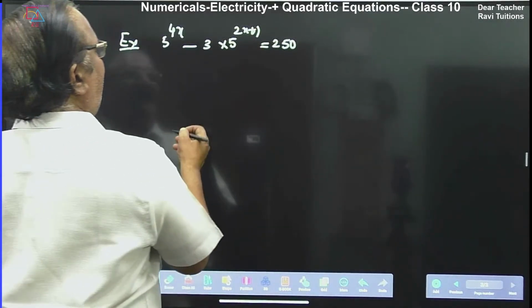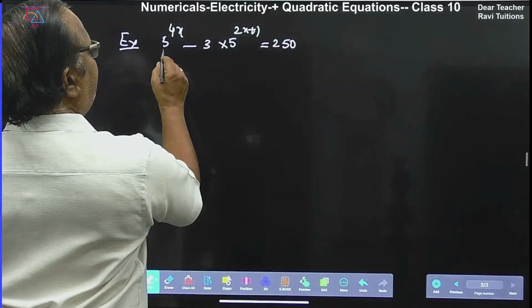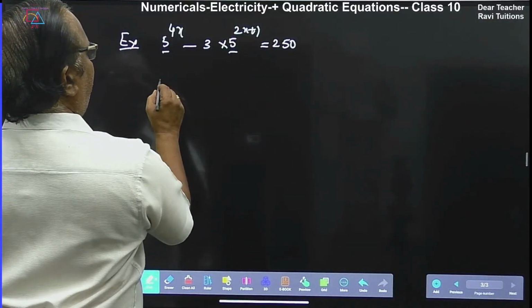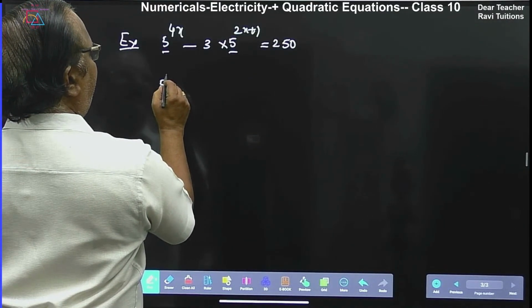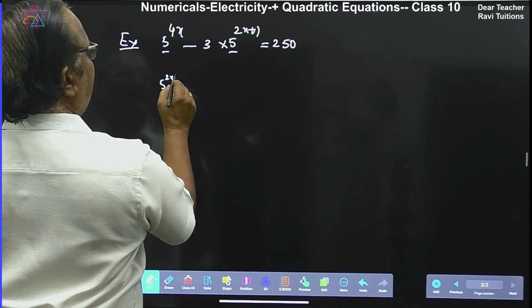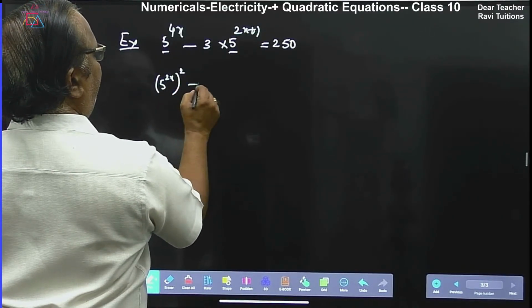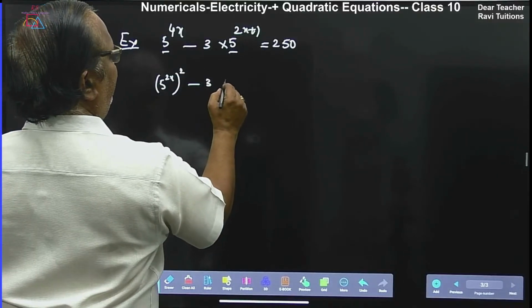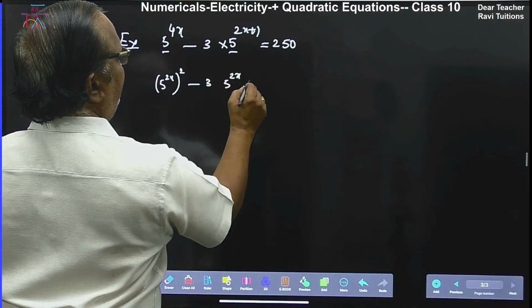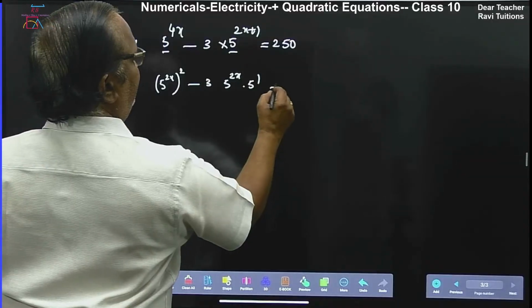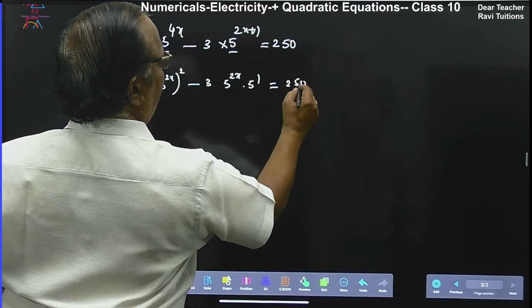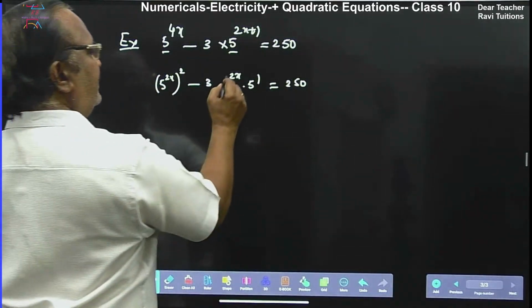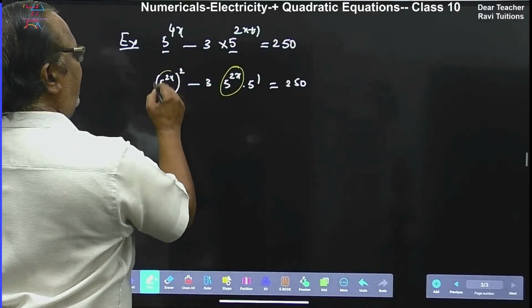So now here we have base 5. We keep it as it is: 5 to the power of 2x whole squared, and 3 into 5 to the power of 2x into 5 to the power of 1. This is 250. That means this is 5 to the power of 2x and 5 to the power of 2x.